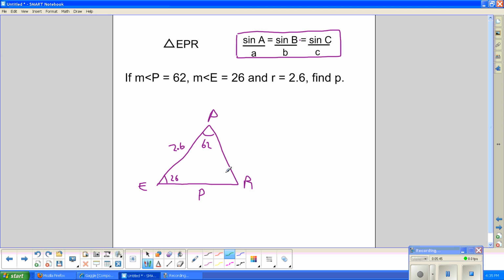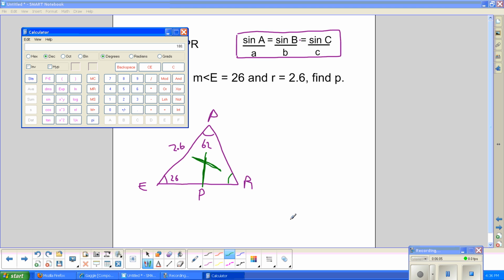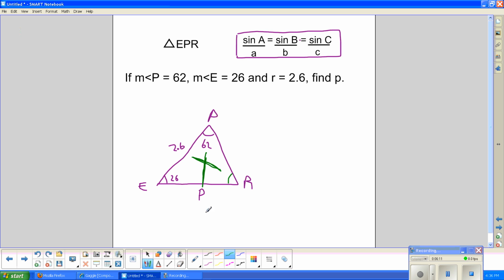Well, we want to use the angle and the leg, so I'm going to use the 62 and the p. The only other leg I know is 2.6, but from the initial information, I don't know angle R. But since we know the angles add up, we can take 180 minus 62 minus 26, and I get that angle R is 92 degrees.